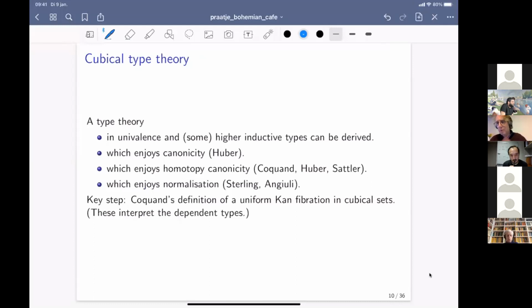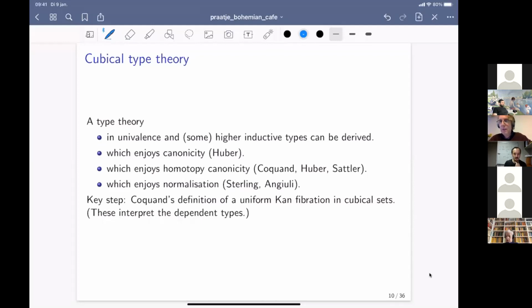There's also a modified version of canonicity called homotopy canonicity. And a week ago, there was also a preprint posted on the arXiv claiming that it has a form of normalization. As a consequence, in cubical type theory we have things like function extensionality, a form of quotient types, and propositional truncation. So I think that is in some sense where we are in type theory.